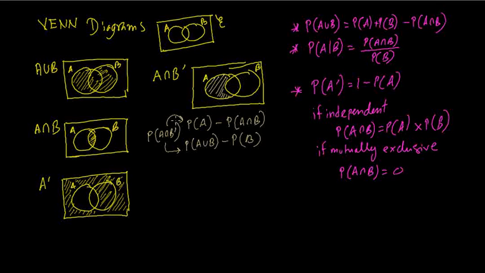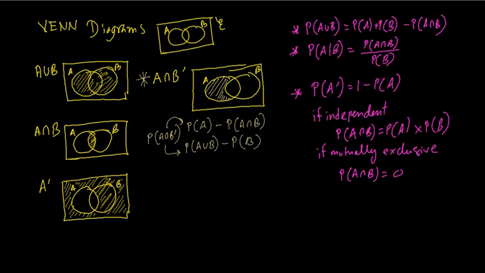When you get a question of A intersection B prime probability, you cannot use any of the formula because there is no formula regarding that. Use this Venn diagram. So this is very, very important.